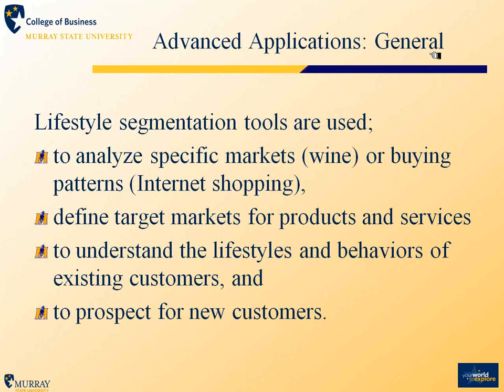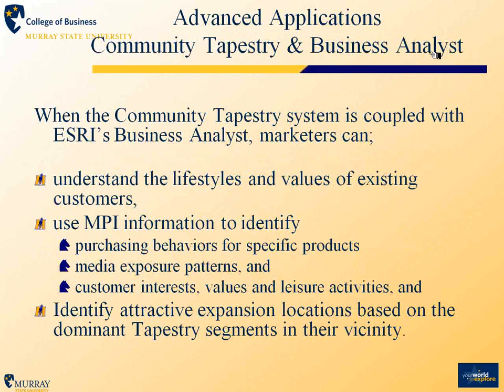So in a home furnishings case, for example, you might identify the tapestry segments that are most likely to buy your products, and those then become your target markets. Or you can, as you have done here, look at the behaviors and lifestyles of your existing customer base so that you can then look for concentrations of similar customers, and those become additional market opportunities for you.